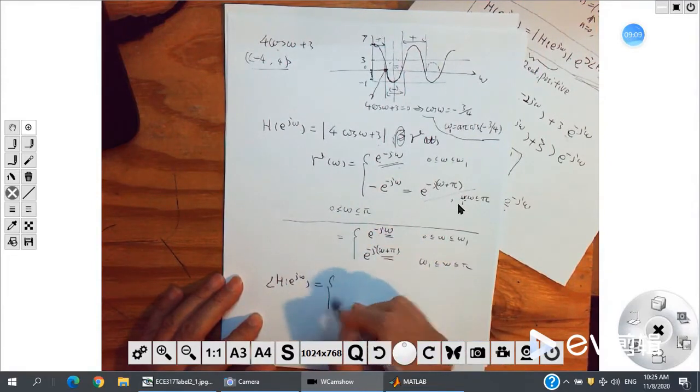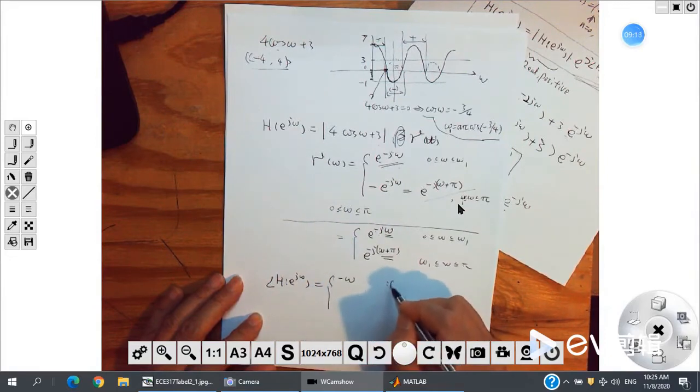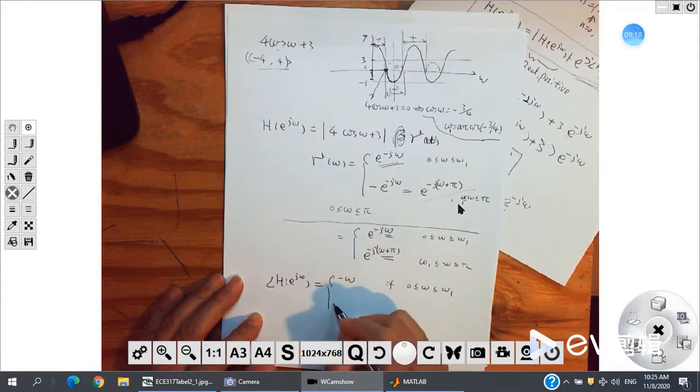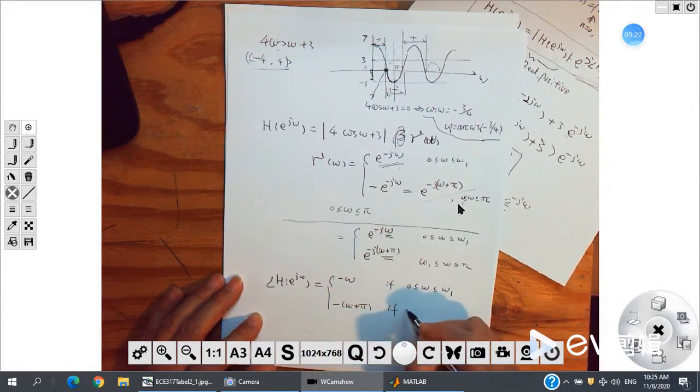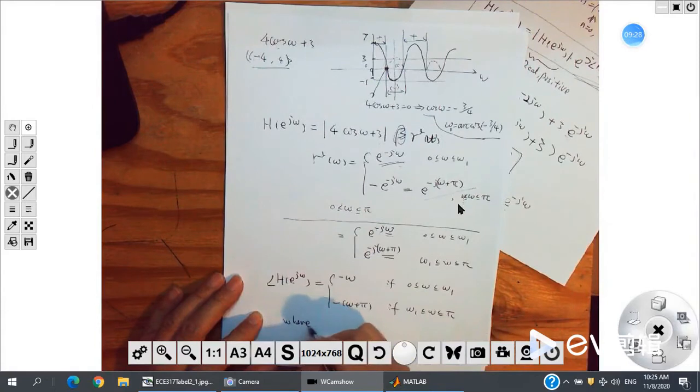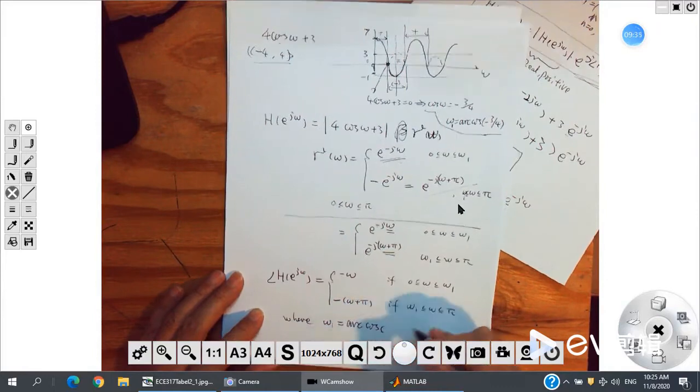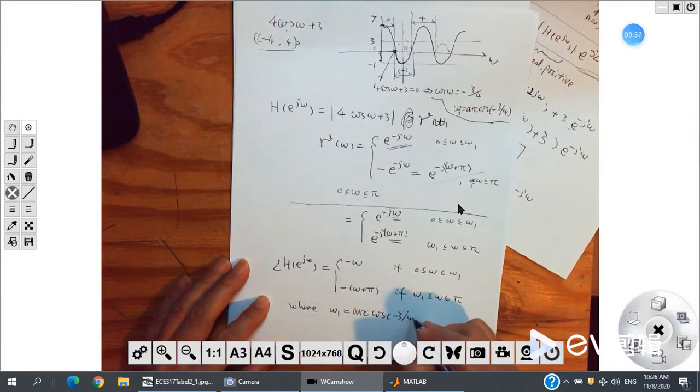So it is negative omega if 0 is smaller than omega, smaller than omega 1. It is negative omega plus pi if omega is between omega 1 and pi, where omega 1 is that number, the arc cosine of negative 3 over 4.